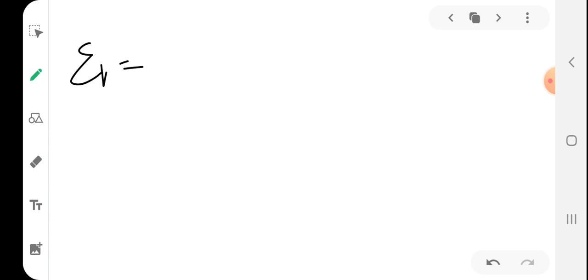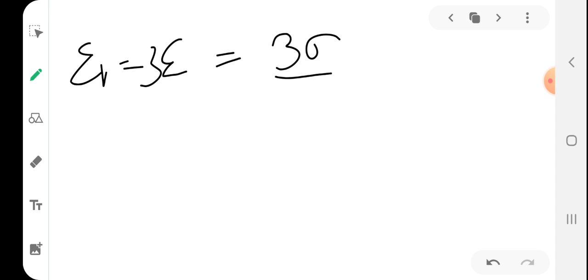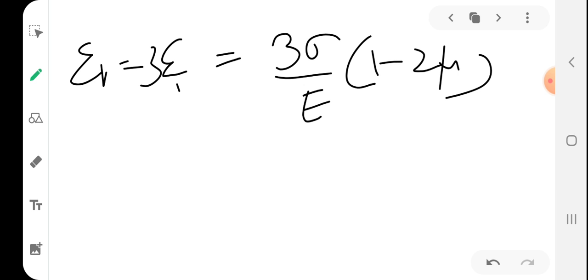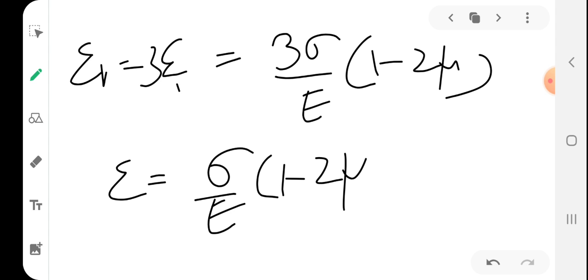So epsilon V equal to 3 epsilon equal to 3 sigma by E into 1 minus 2 mu, right? So here epsilon will become sigma by E into 1 minus 2 mu, right? So how to find the maximum possible value of Poisson ratio?